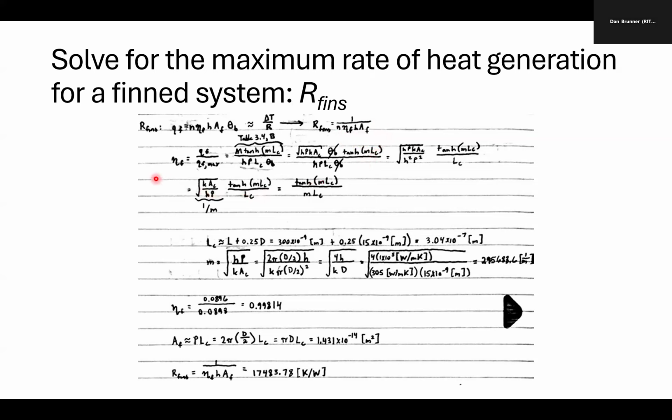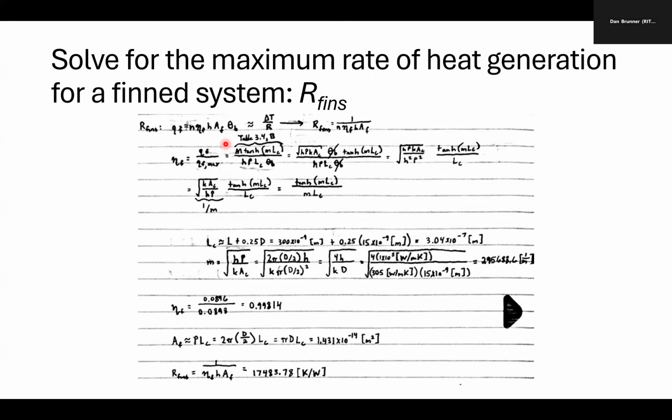And so if we want to find the efficiency of the fins, we have to take the rate of heat transfer occurring through the fins and divide that by the maximum possible rate of heat transfer occurring through the fins. For the actual rate of heat transfer occurring through the fins, we can go to table 3.4 and look at case B in the textbook.